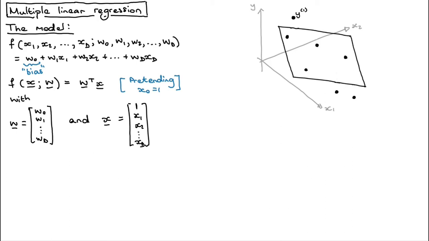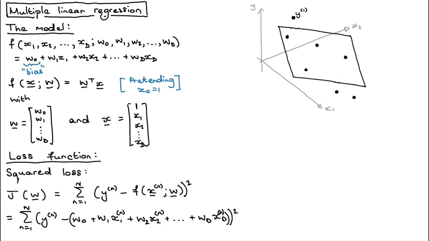To figure this out, we of course need a loss function to tell us whether a particular setting for W is good or bad, given the data that we've collected. And as in the case of simple linear regression, we can use the squared loss function to tell us how good a particular setting of W is.